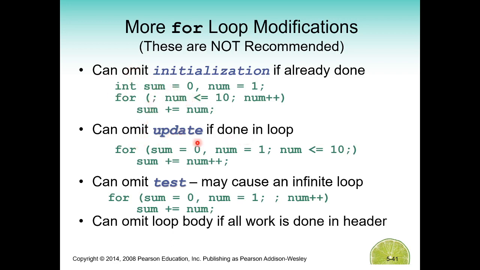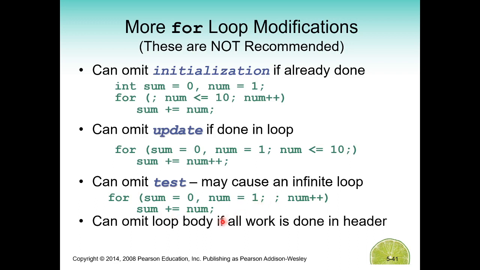Okay, we can omit the update also here. You see, the update can be omitted and used within the body of the loop. Also, the test can be omitted. So we can manipulate the different parts of the for loop. Either we can put them here, underneath, or even remove them altogether.